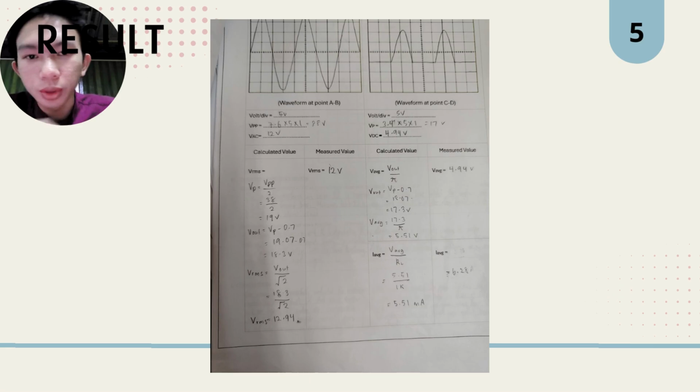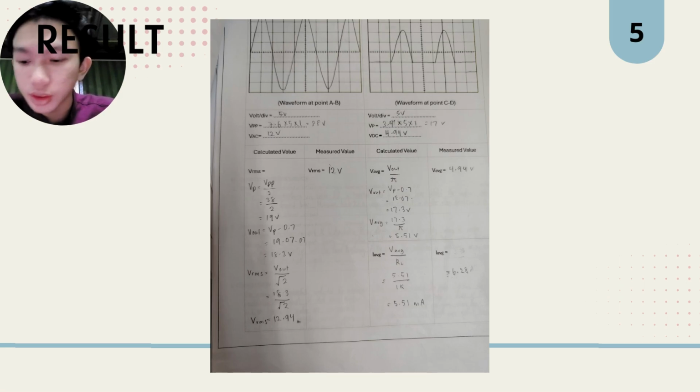Volt per division is the same, which is 5 volt. Vp is 17 volt. VDC is 4.994 volt, which we can get by using the multimeter.